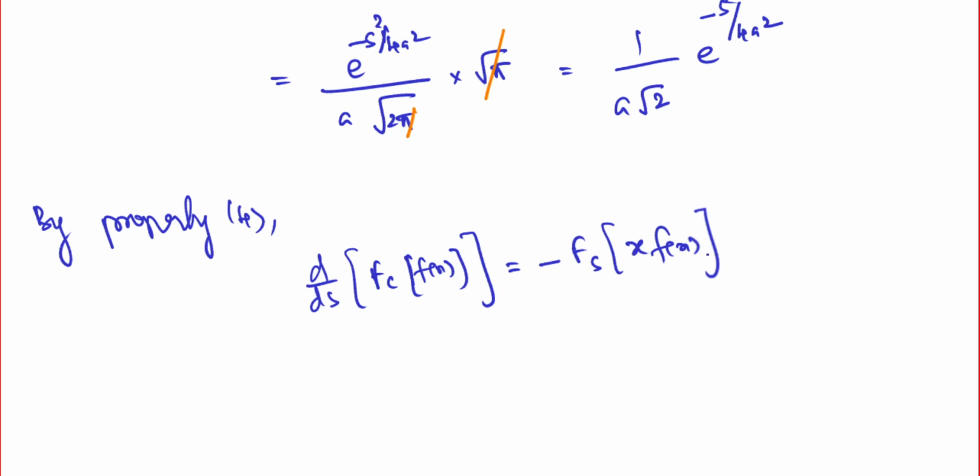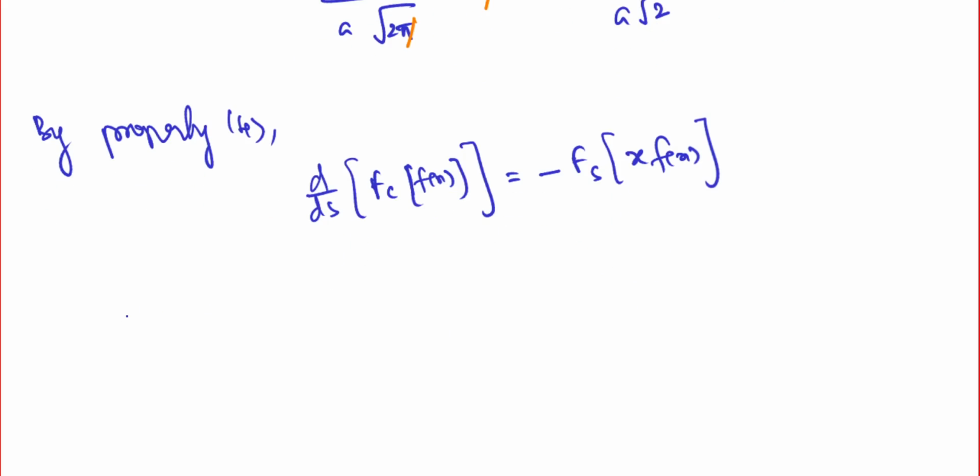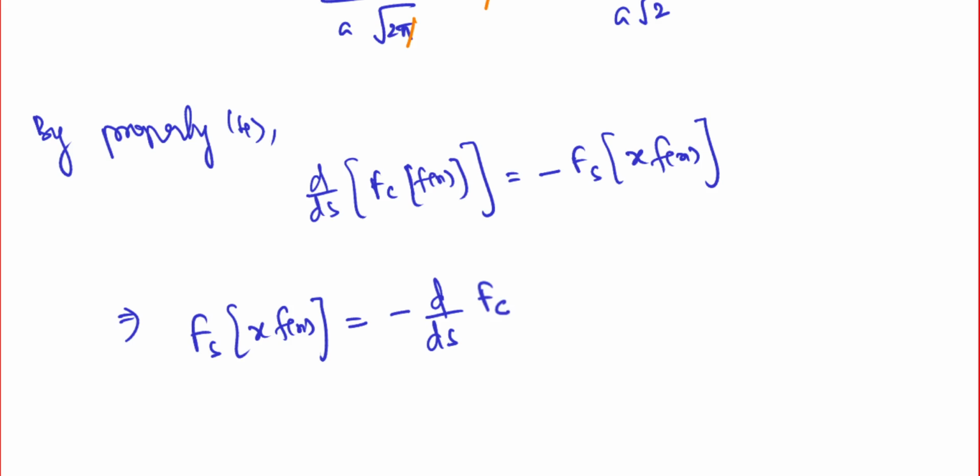So all that I wanted was this right hand side, which is listed over there. So this implies the Fourier sine transform of x into f of x, which is what I wanted, is actually equal to minus d by ds of the Fourier cosine transform of f. Okay.